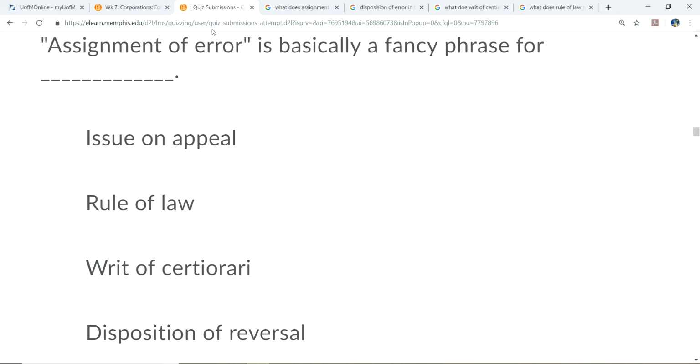We go down to Writ of Certiorari. I'm sure I've just butchered that word. We can look at what that means as well under the definition. Let me bring that up.